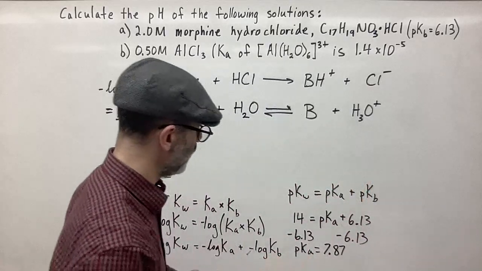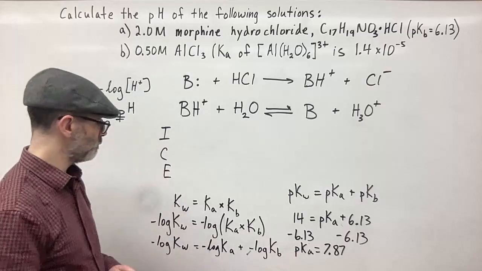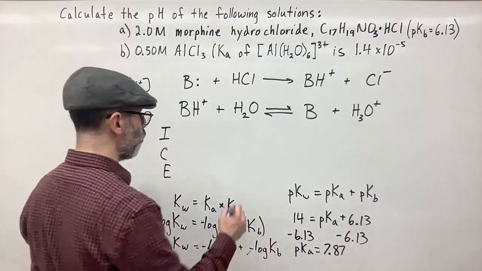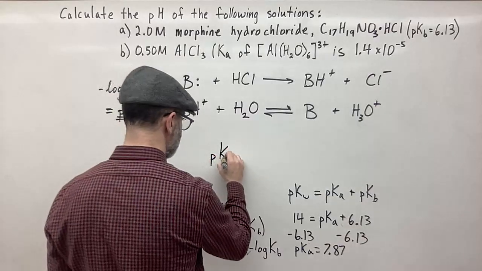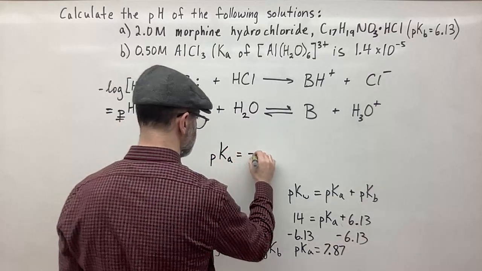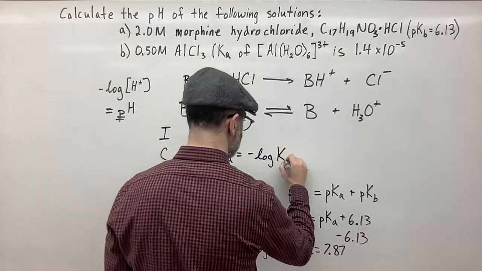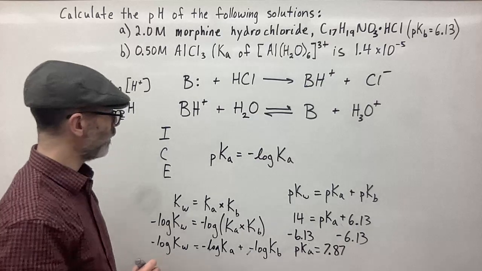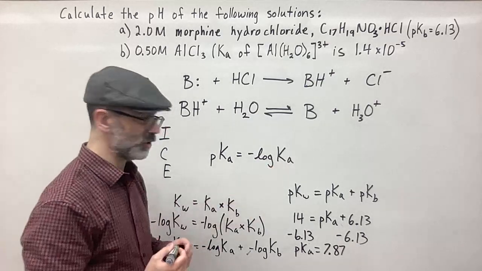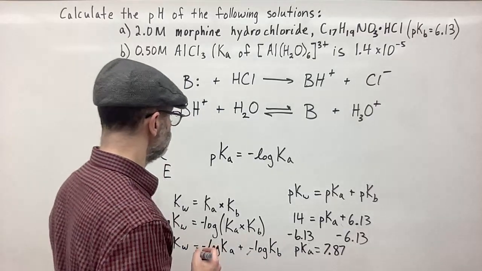Okay, we've got our pKa, but what we need is the Ka value. And so as I said before, pKa is equal to the negative log of the Ka. So all we have to do is solve for the Ka value using our law of logs, right?